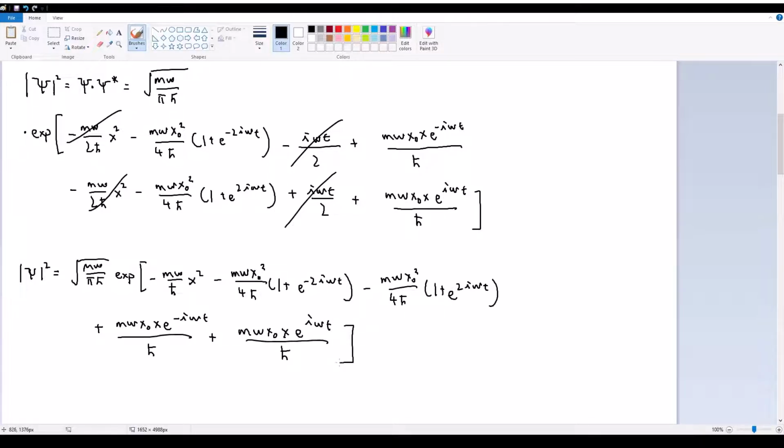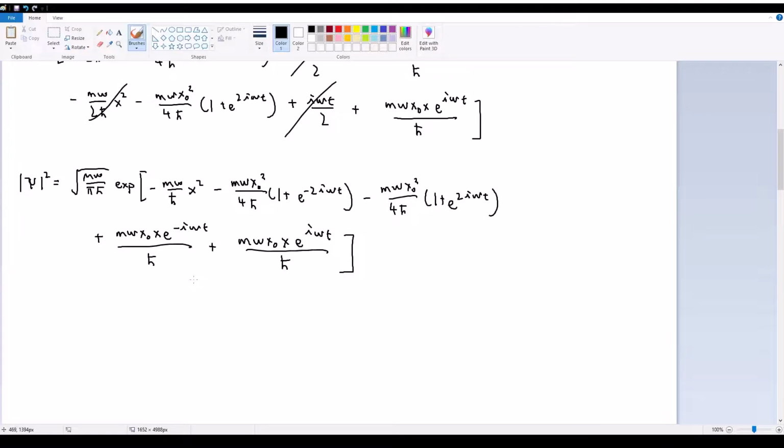And now, let's see, at this point, we can start taking advantage of the distributive property once again. This is going to give us the magnitude of psi squared being equal to the square root of m omega over pi h bar. And then our exponential, and let's start distributing out.